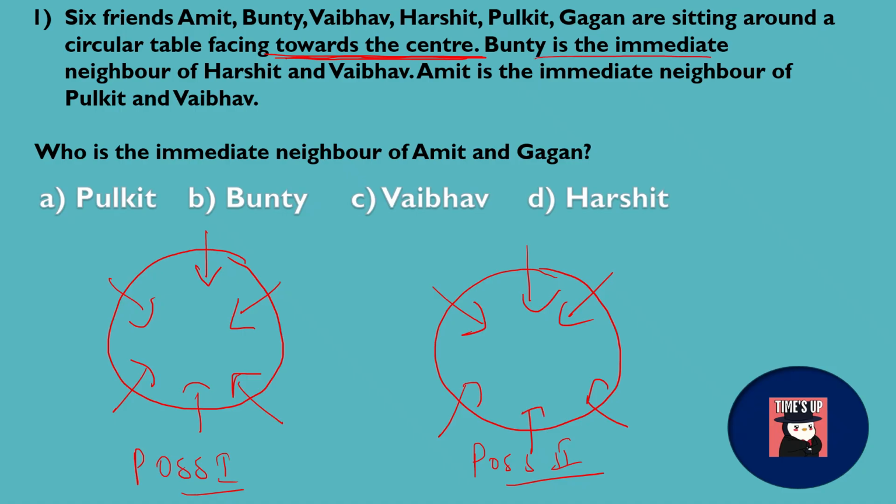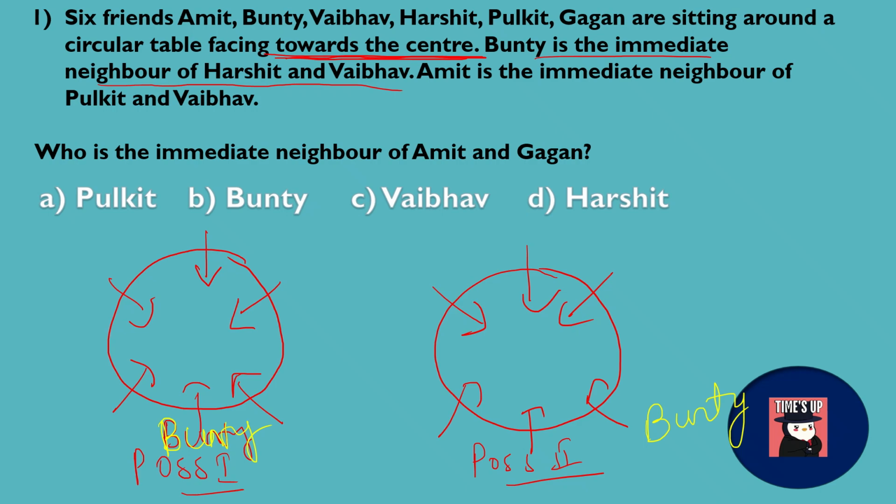Bunty is the immediate neighbor of Harshit and Vaibhav. So here I'll place Bunty in possibility 1 and in possibility 2 I'll place Bunty here.